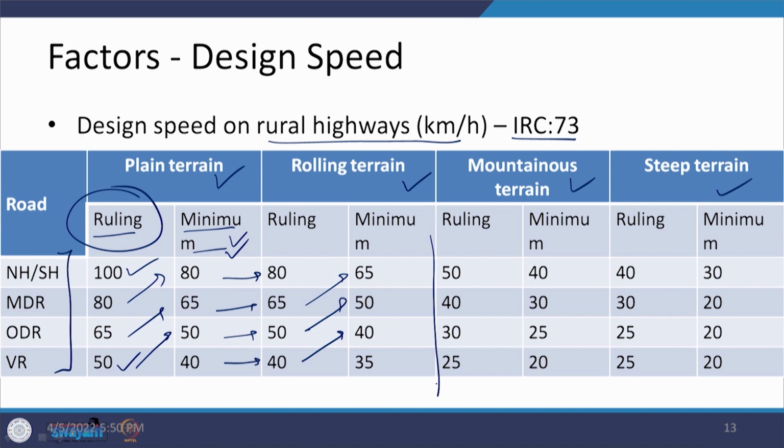Though this 50 and 40 are coming, 35 has reduced to 30, and then when you are looking at this 40 and 30 and 25, and then you get 20, and similarly this 40, 30, 25 goes there, but here there is a change, and then finally the change is there in terms of the minimum values in the steep terrain for the MDR, ODR and VR.